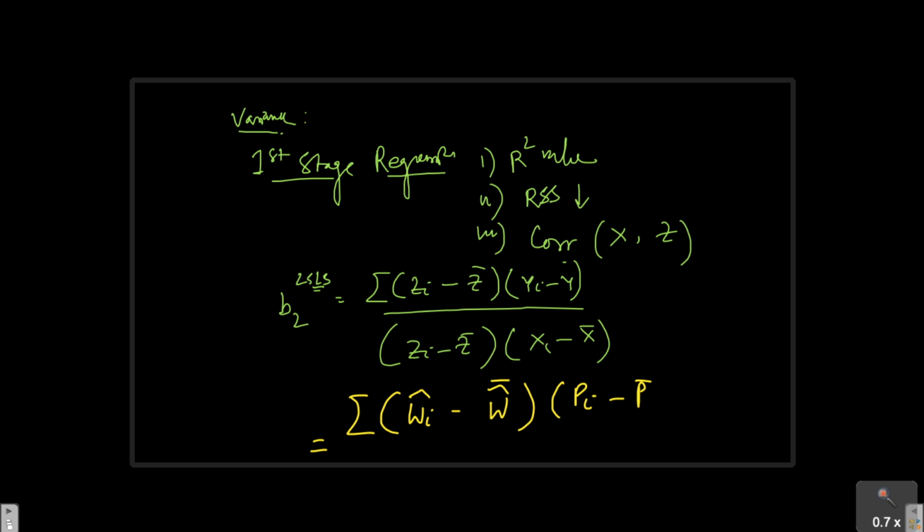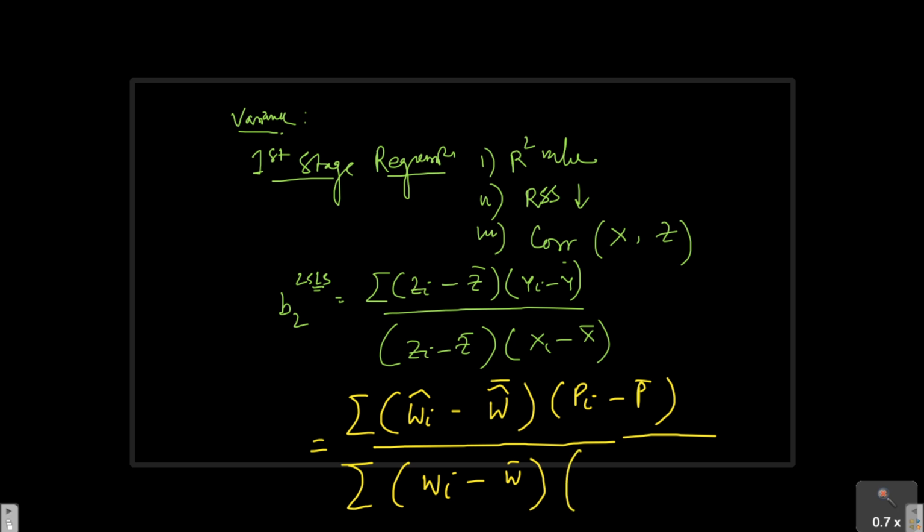That's the numerator, and in the denominator, what am I going to have? My Xi is Wi here. So I'll write Wi minus W bar. This is for X. And for Z, I'm going to write Wi estimated minus W bar, right? So this is what the beta 2SLS is going to look like.